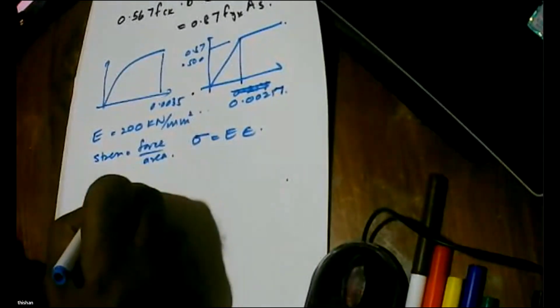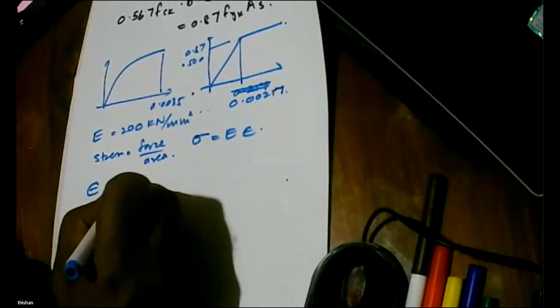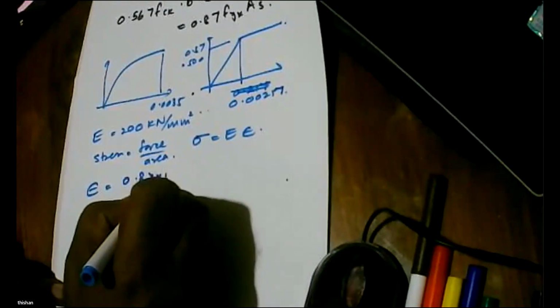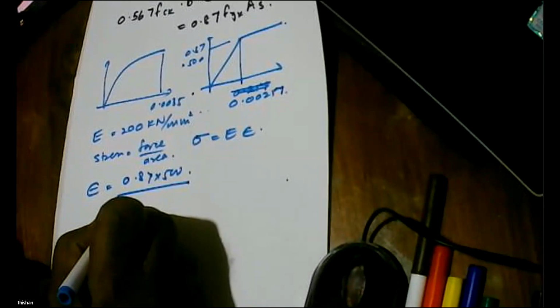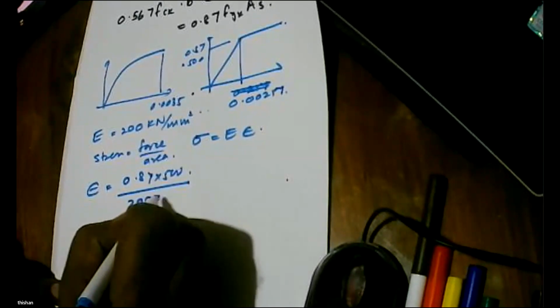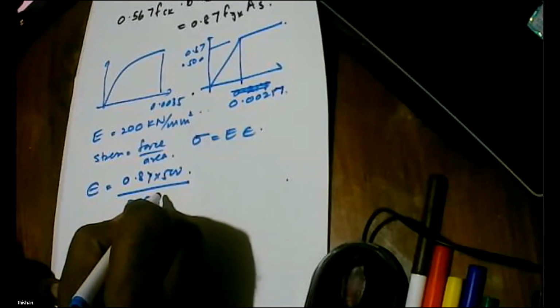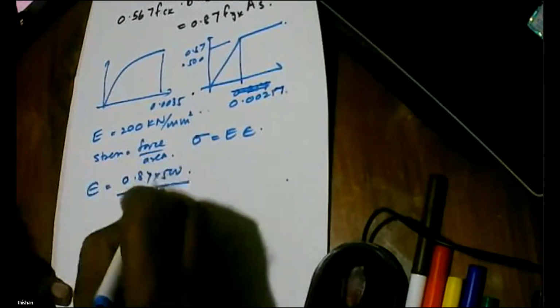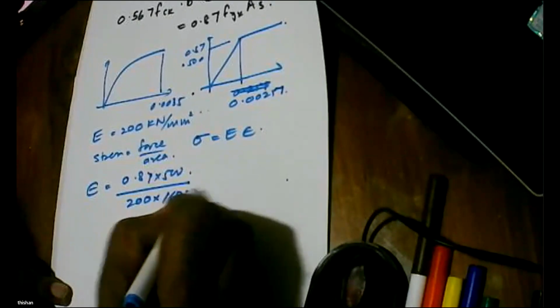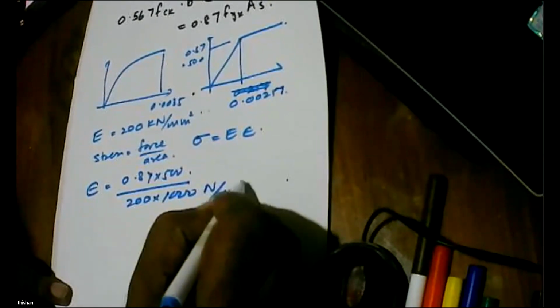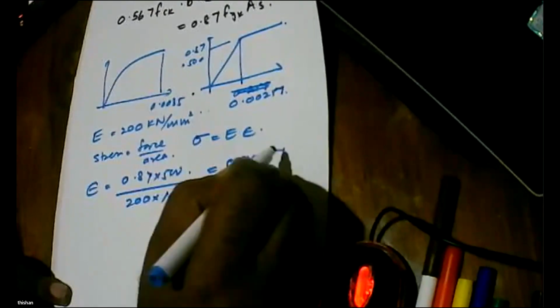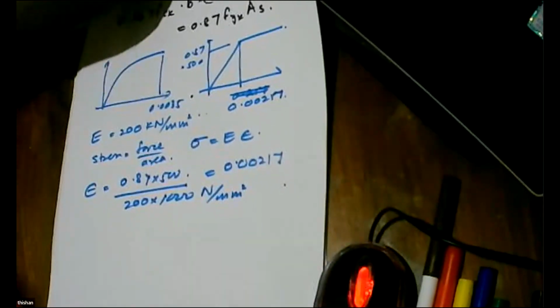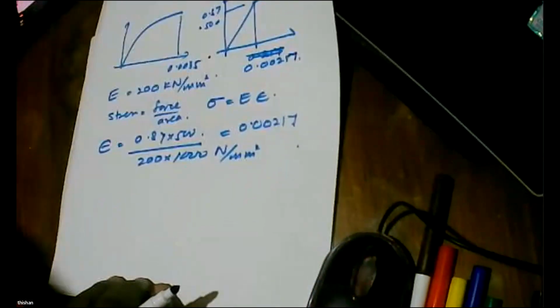Epsilon is equal to sigma divided by E. That is 0.87 into 500 divided by E. That is 200 kilonewtons per millimeter squared, which means 200,000 newtons per millimeter squared. What is the answer? 0.00217. That's how you get this 0.00217.